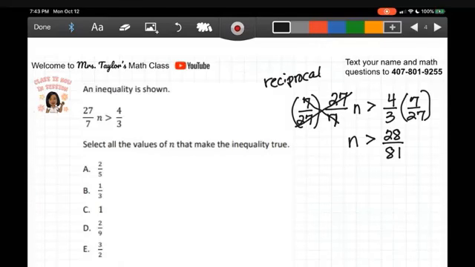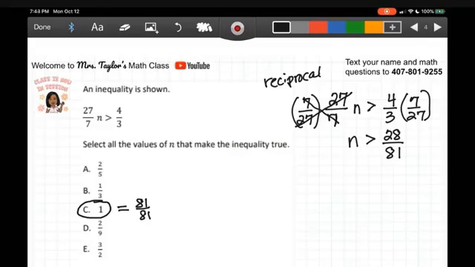Right off the bat, I already know that this is a fraction, and so I know I could pick C, because C written as a fraction with the same denominator would be 81 over 81. Okay? So let's look at some other ones.